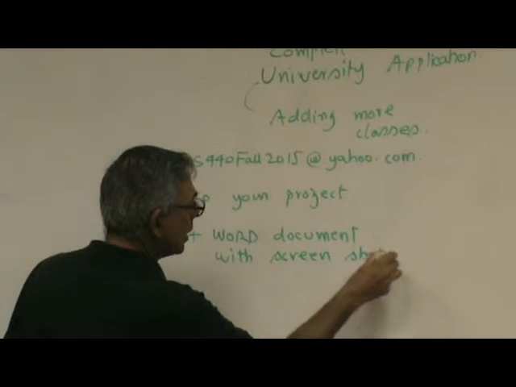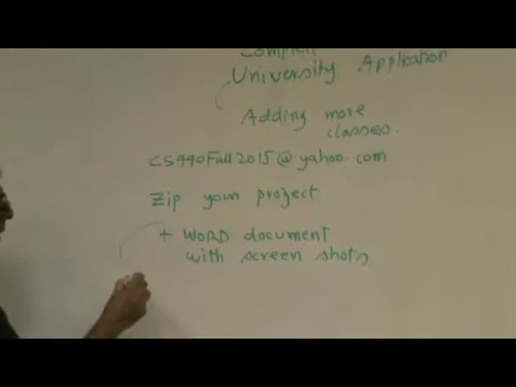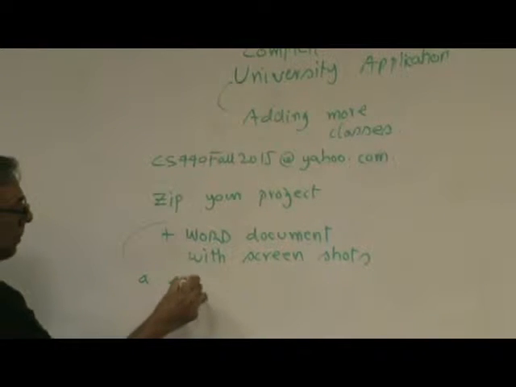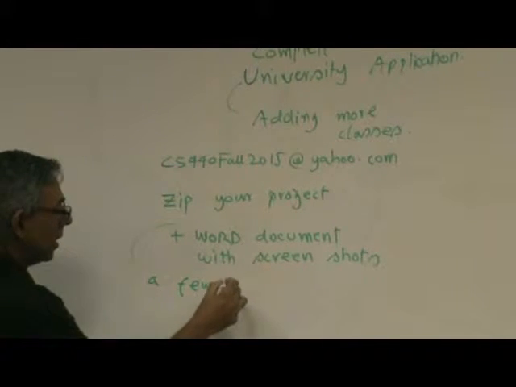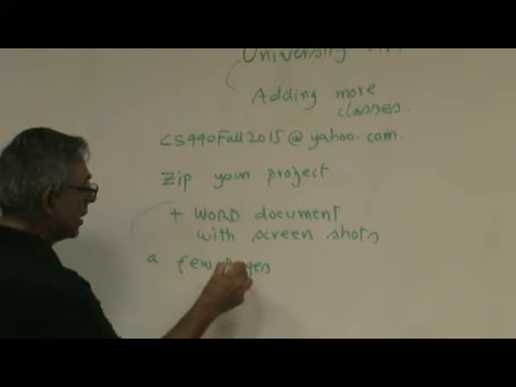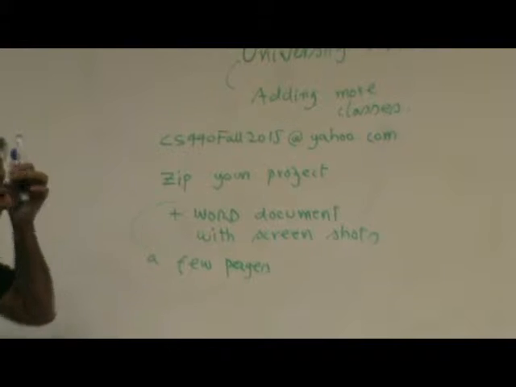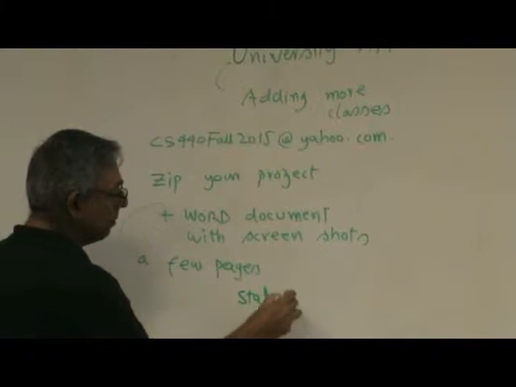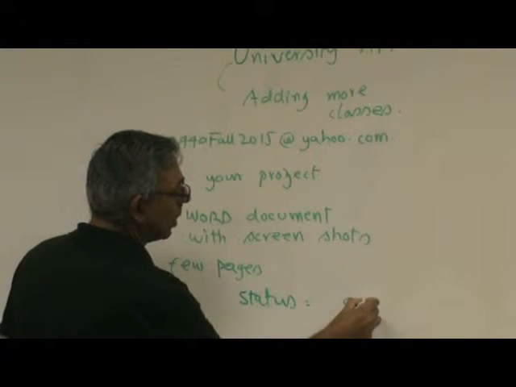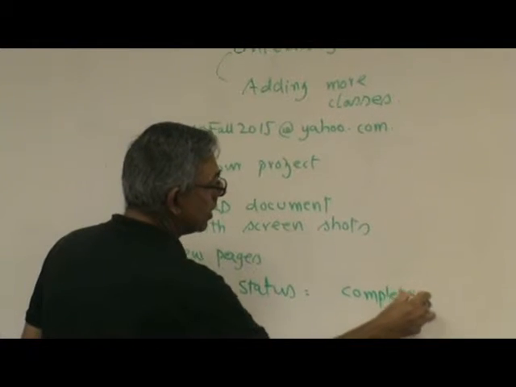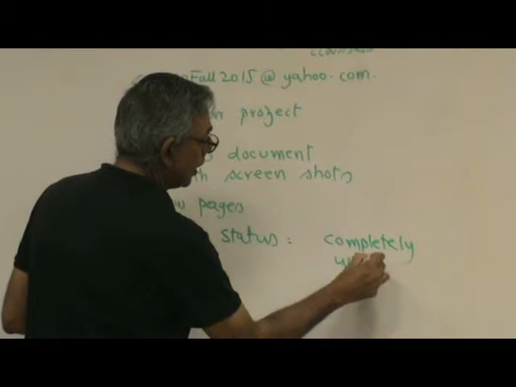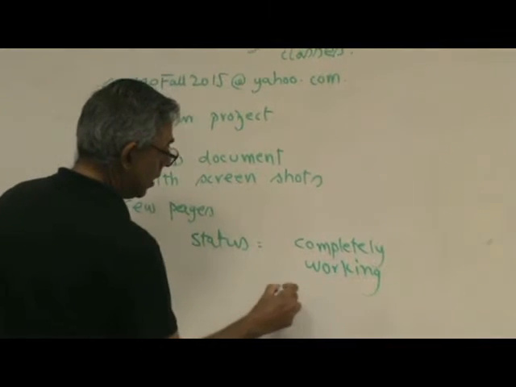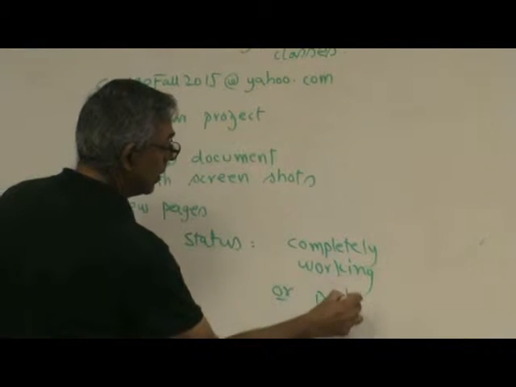This does not have to be too big, just a few pages or one page, depending upon how complex the assignment is. Okay, and you should also mention the status of your assignment. Completely working, or there are some errors, or partially working.